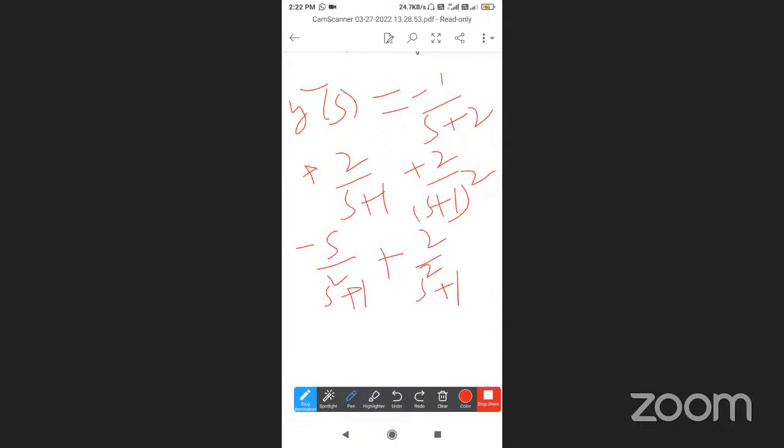The Laplace transform of y of t is equal to y bar of s.